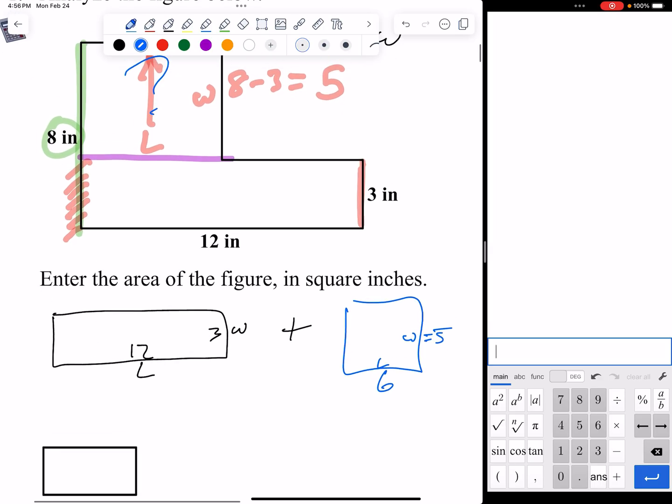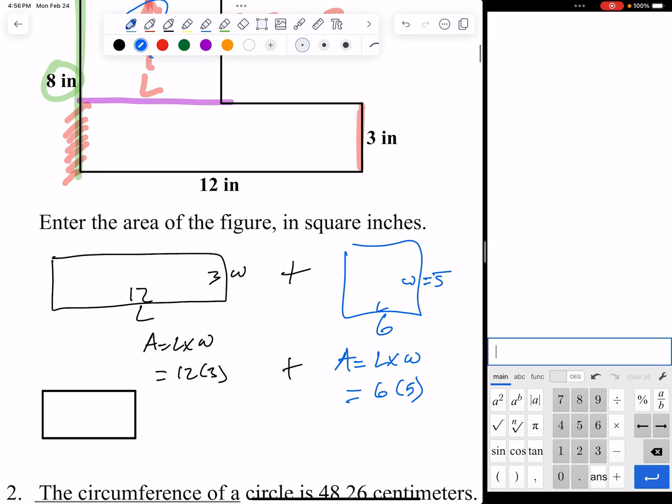All right, so let's find the area of the first shape. Area equals length times width, which means I have 12 times 3, plus the area of the second one, which is also length times width, which in this case is 6 times 5. All right, so what do we got now? Let's use our calculator.